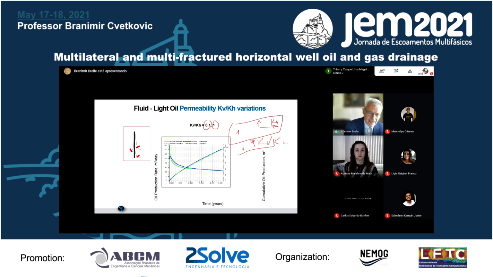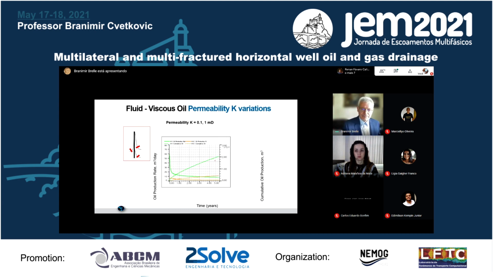And then I can see what is the difference when I have a 3-lateral well. So I have 1 well producing with 3 laterals, and I'm considering 2 scenarios for KV/KH, 0.1 and 1. See? And then also with viscosity, I can see how viscosity changes that.